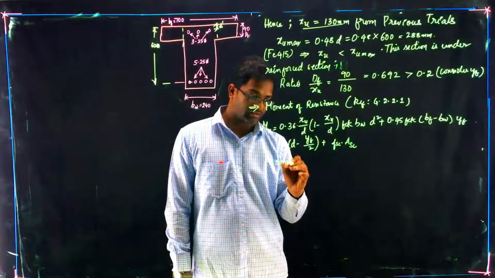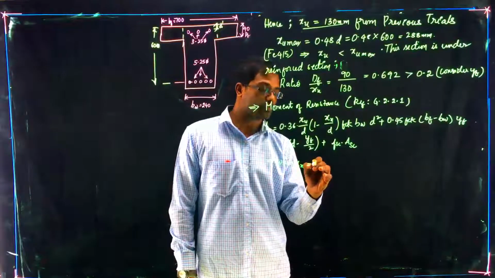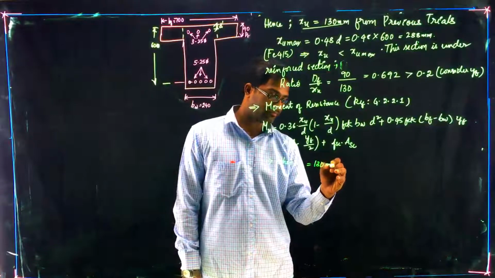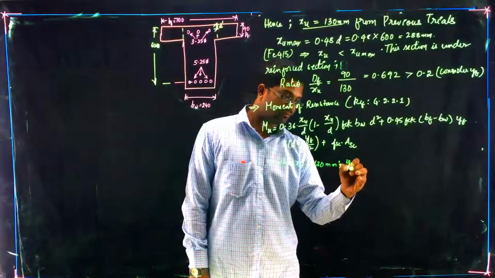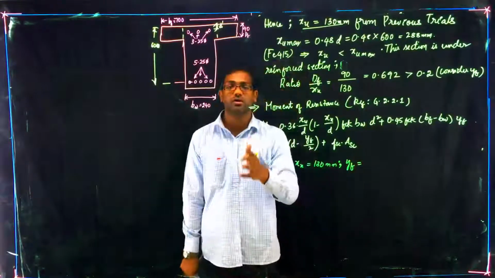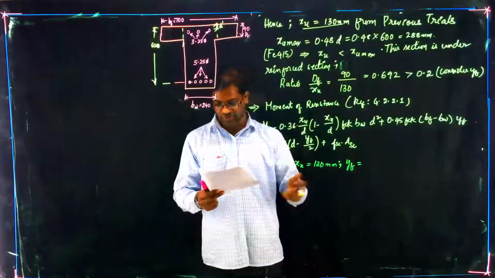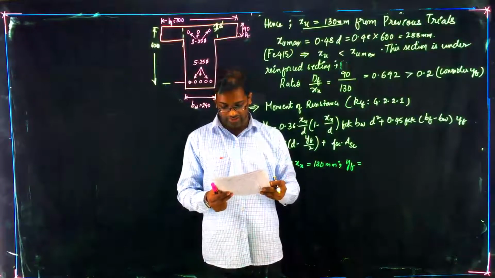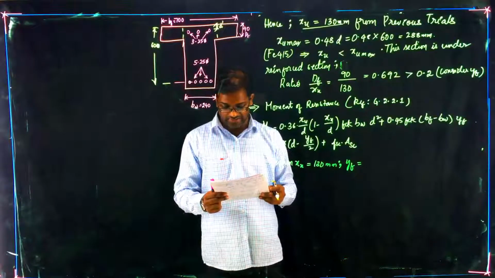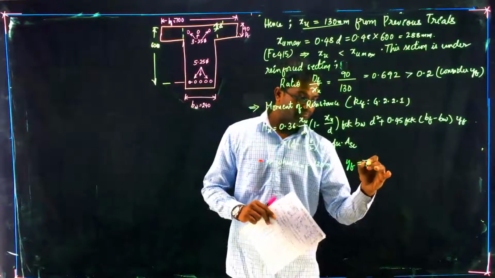When XU equals 130 mm, YF equals 0.15 XU plus 0.65 DF, and if you substitute this value, you will get a YF value of 78 mm.